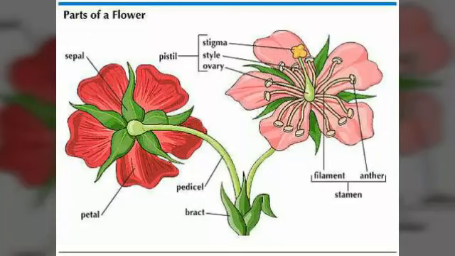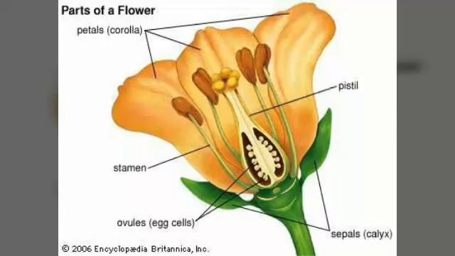These four groups are present in a flower: calyx, corolla, androecium and gynoecium. So the units of these four groups are sepal, petal, stamen and pistil.